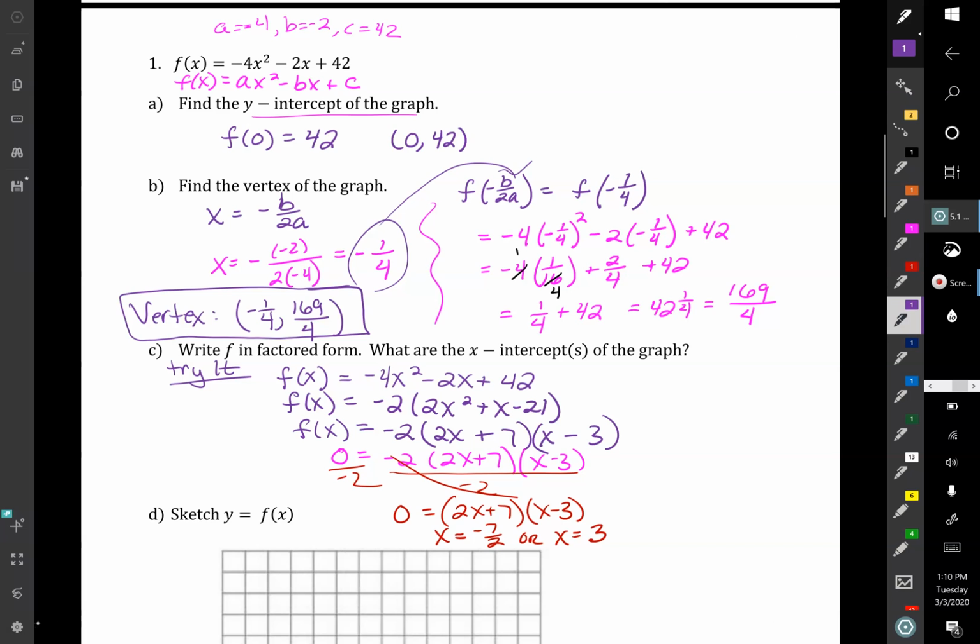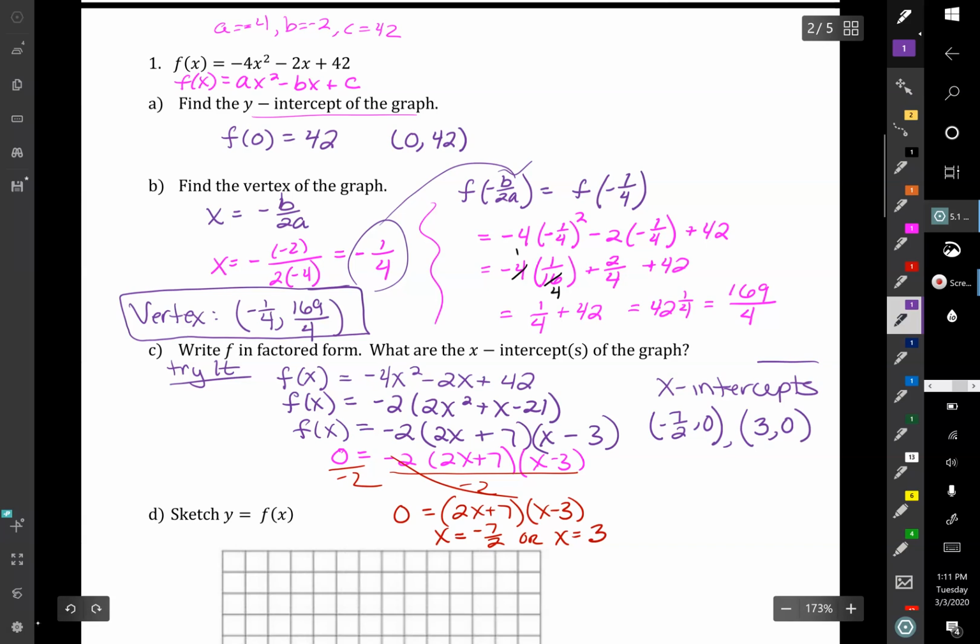So when I'm graphing, I might want to put things in mixed numbers or decimals, but when I write it out, I will want to leave it as an improper fraction. So I'm going to have X-intercepts, parentheses, -7/2, 0, because I'm going to write them as points, and then parentheses 3, 0. So that's my answer for the X-intercepts.